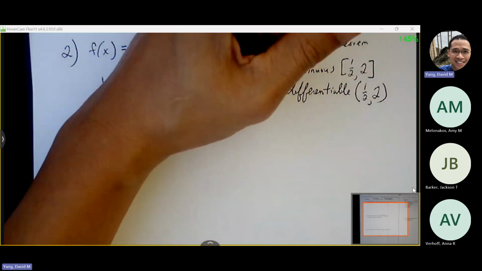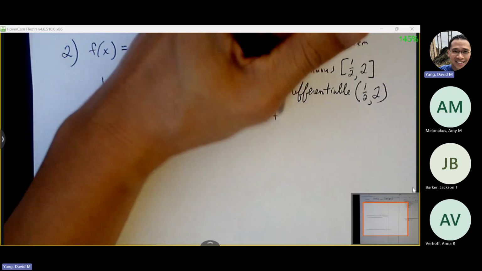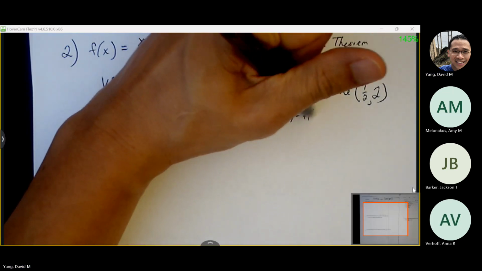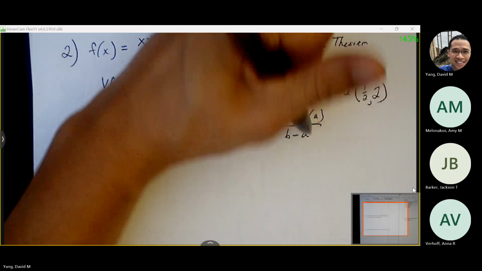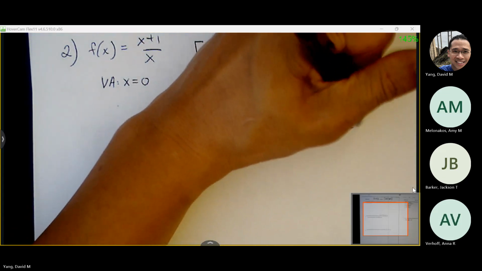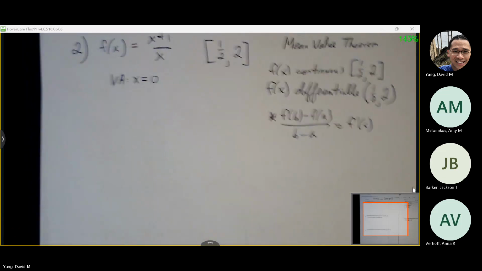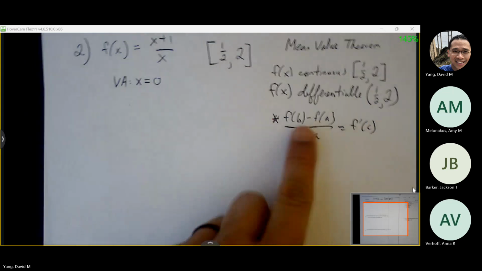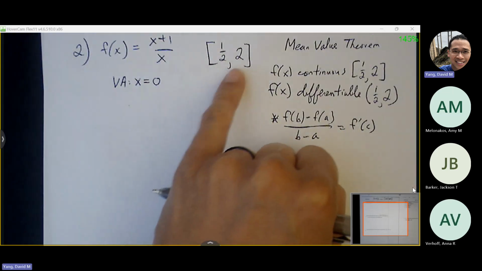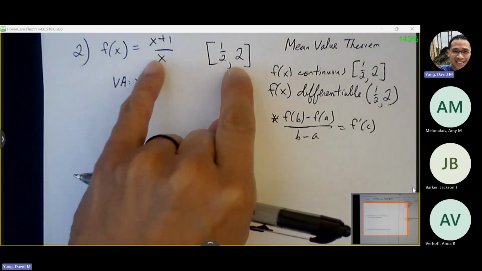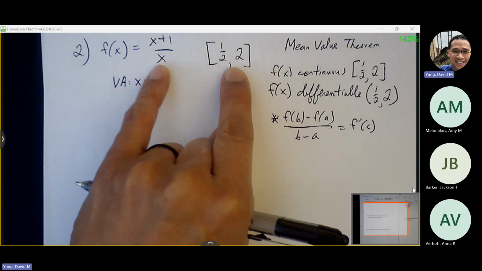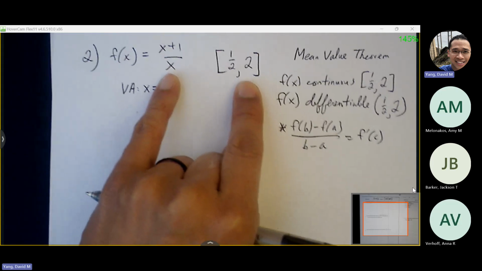Okay, so we're ready to move on to our formula. So first things first, let's take care of our endpoints, see if we can find the slope between the endpoints.